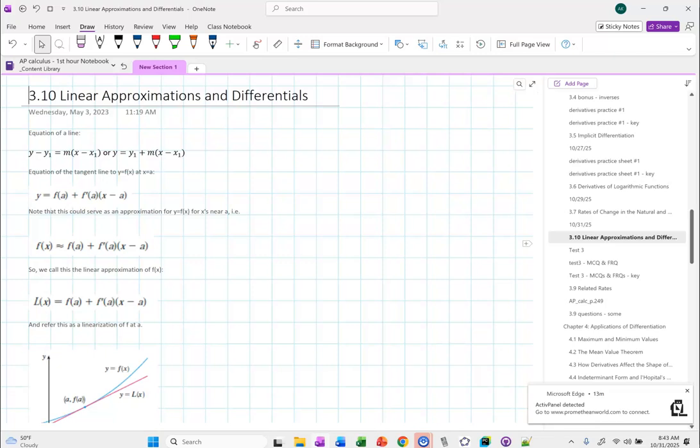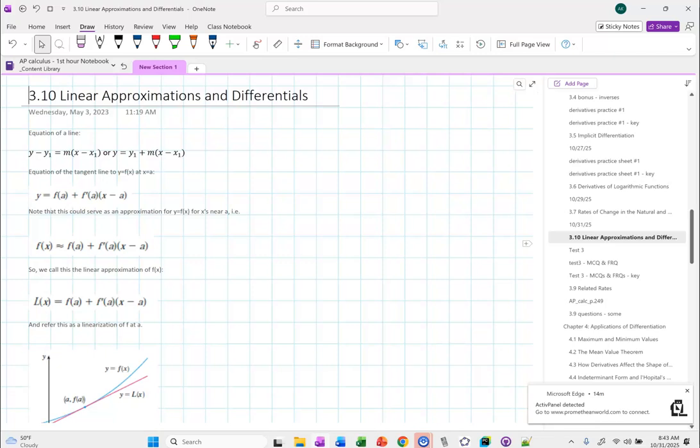310 is about a process called linear approximation. You know what? We already know how to do this. All a linear approximation means is you're going to create the equation for the tangent line, and then you're going to use the tangent line to approximate values for y out of it.